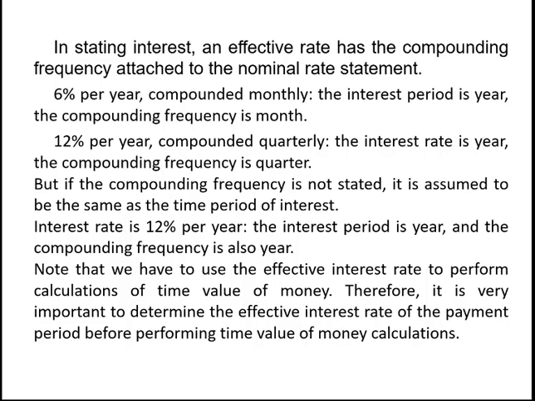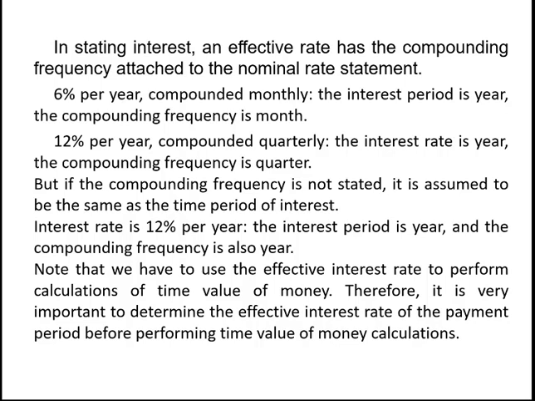But when stating the interest, if the interest period is different from the compounding period, the rate is the nominal interest rate. For example, we say that the interest rate is 10% per year, compounded quarterly.